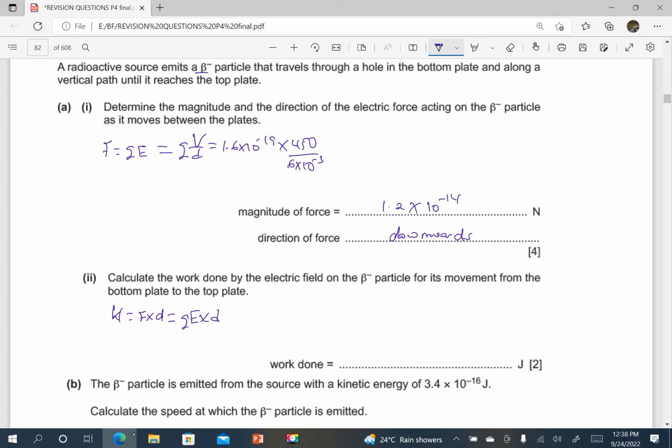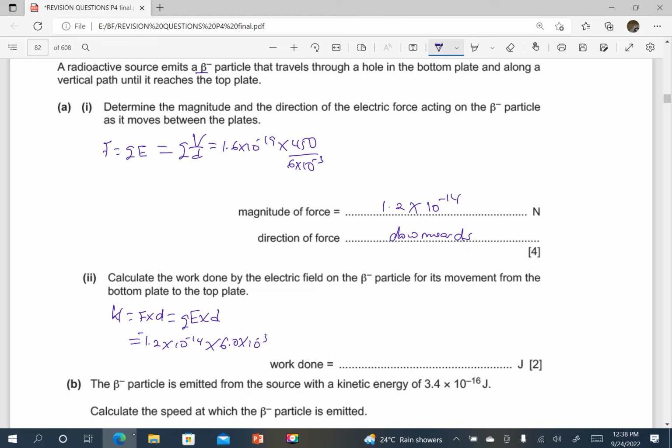But since we already have the force, the work done will be 1.2 times 10 power negative 14 times 6.0 times 10 power negative 3. Note that it is moving in the opposite direction to the force it experiences, so if you want, you can put a negative.